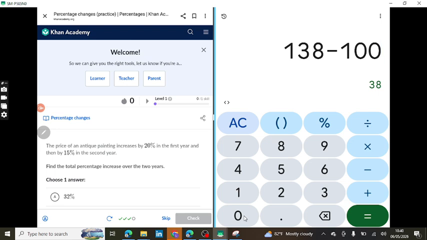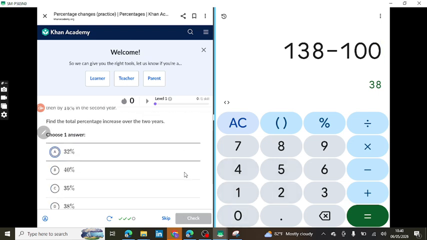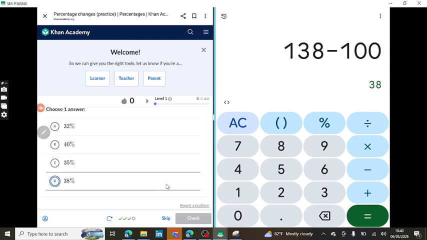That's 38%. So 38% increase, and we can say with all confidence that it is correct.